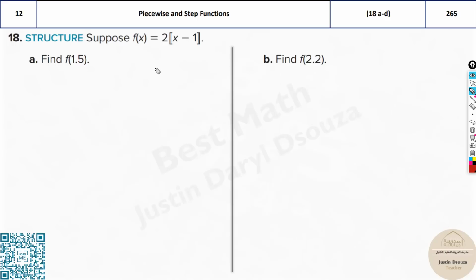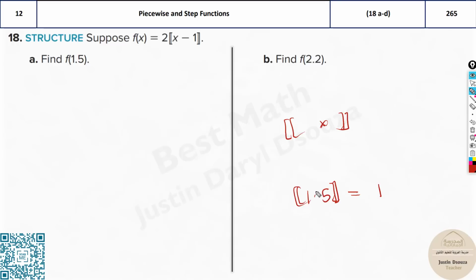Now what happens over here is, whatever is inside the step function, whatever is the value x, that will correspond to its lower whole number or the integer. In the sense, if I have say 1.5, in a step function, so it's two big brackets, that will be equal to 1, the previous whole number.